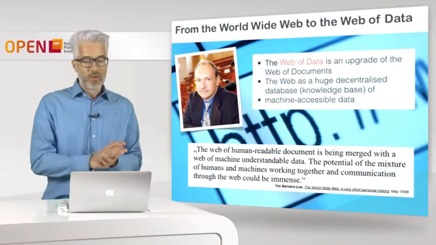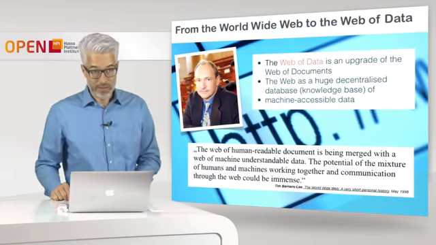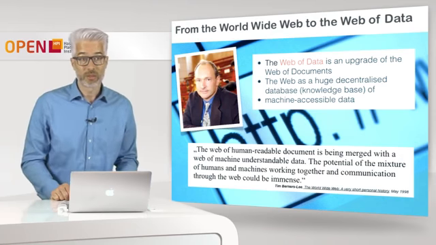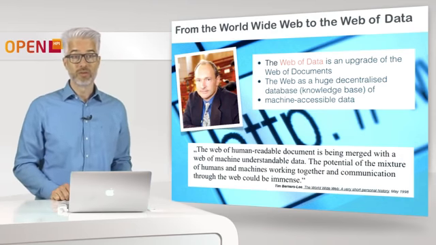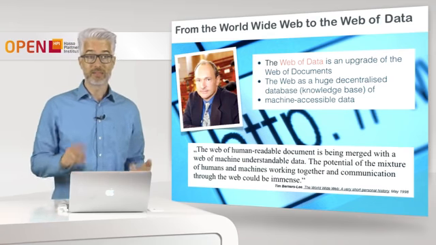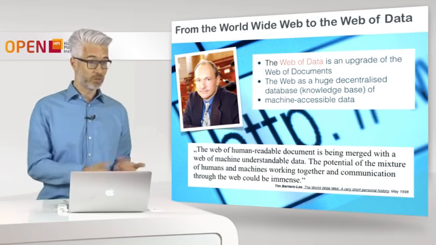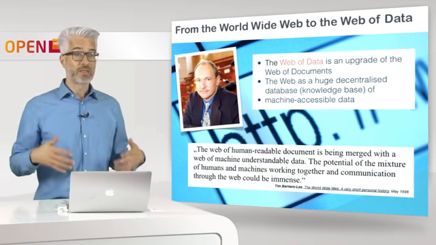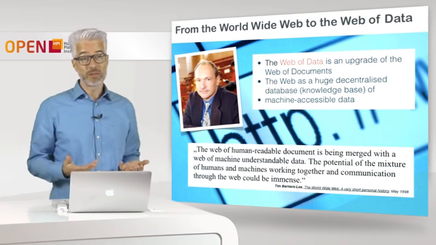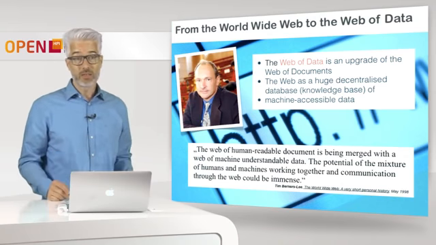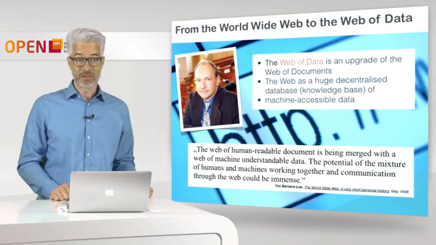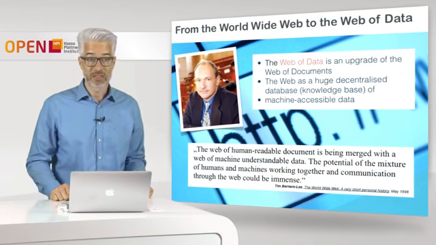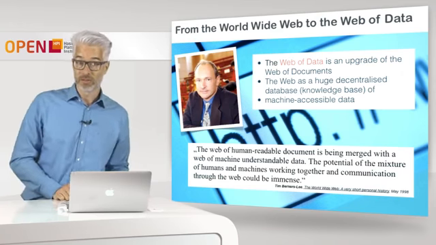So, we have heard a lot about the World Wide Web, but today we are talking about something called a web of data, which means that the original web of documents, which was the World Wide Web, nowadays also has become a web of data, because there are huge data resources that are accessible on the web, and they are accessible via standard and simple methods.